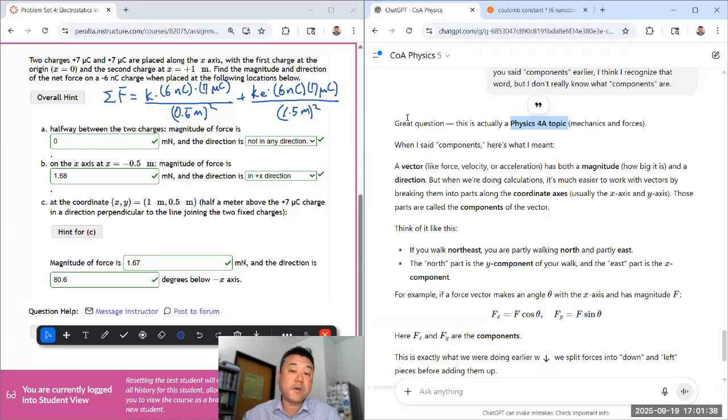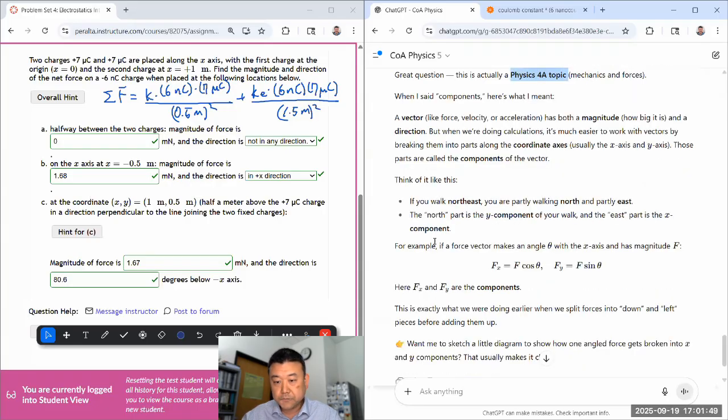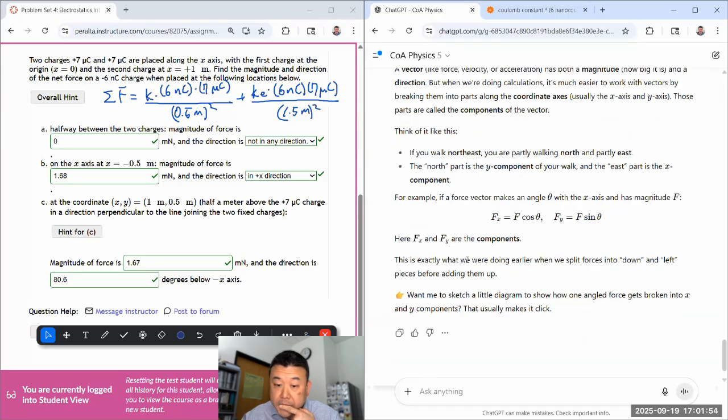In that case, generative AI is a tool that can help you review what you need individually. So yeah, a component, it's a vector, has magnitude and direction, and all that.